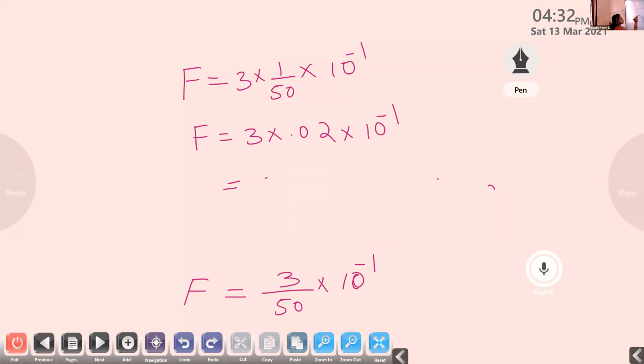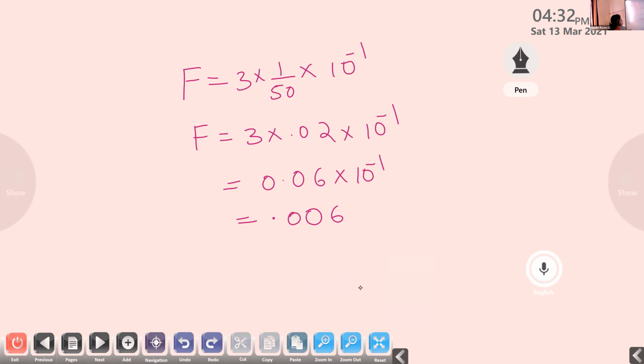That is equal to 0.06 into 10 raised to minus 1, which is 0.006. Or we can write F is equal to, when we shift the decimal place to the left, 6 into 10 raised to minus 3.